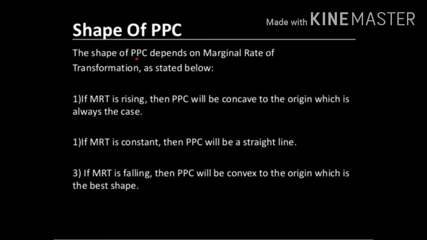As I said, the shape of the PPC depends upon the marginal rate of transformation. If MRT is rising, the PPC will be concave to the origin. If MRT is constant, the PPC will be a straight line. If MRT is falling, then the PPC will be convex to the origin, which I already told you.